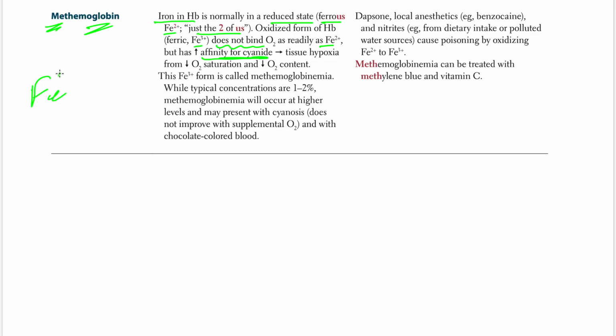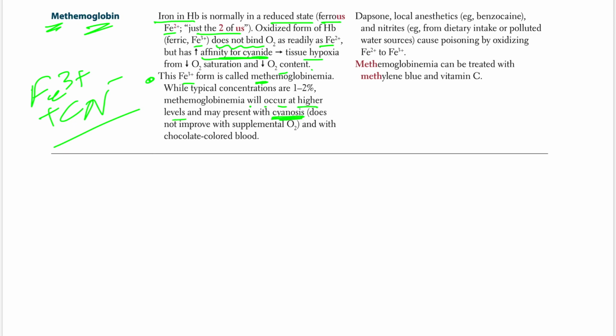So Fe3 binds cyanide, which leads to tissue hypoxia from decreased O2 saturation and decreased O2 content. This Fe3 state is called methemoglobinemia. While typical concentrations are 1 to 2%, methemoglobinemia can occur at higher levels and may present with cyanosis.